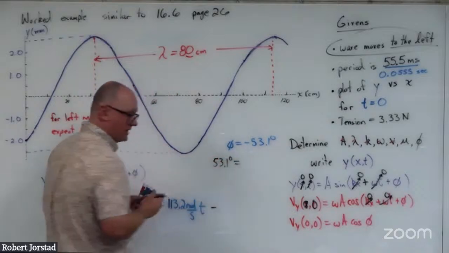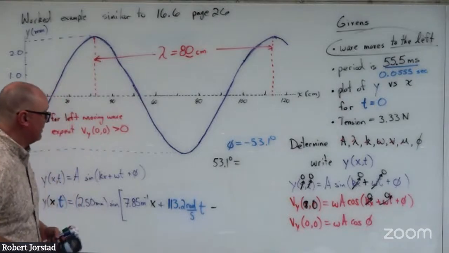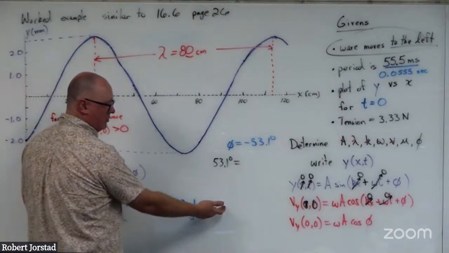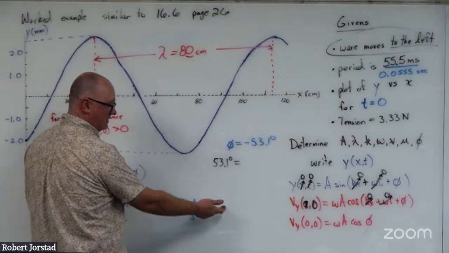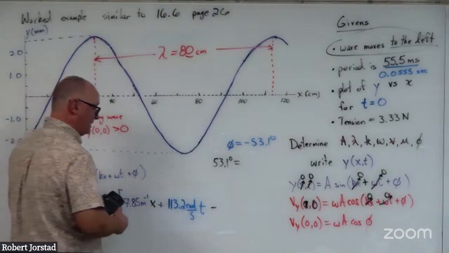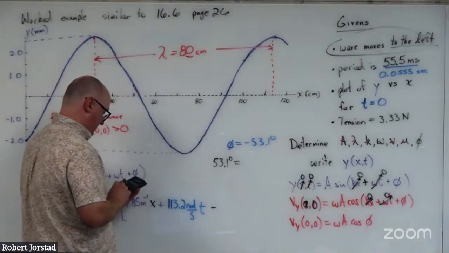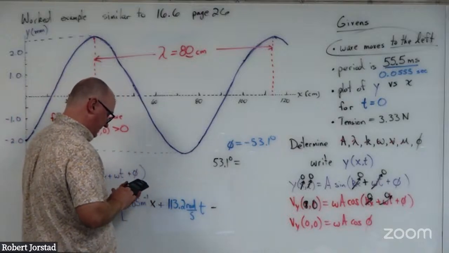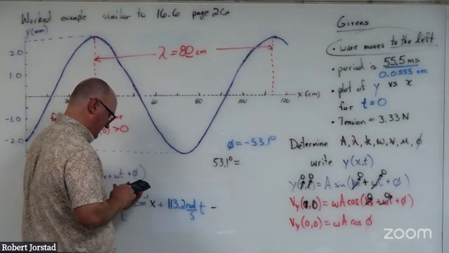We could convert that to radians really quick. So a lot of times we would just write 53.1 degrees in here, and then you'd have to know you're going to have to change everything in your calculator to radians to make this work. But let's just write it in radians this time. 53.1 times what?